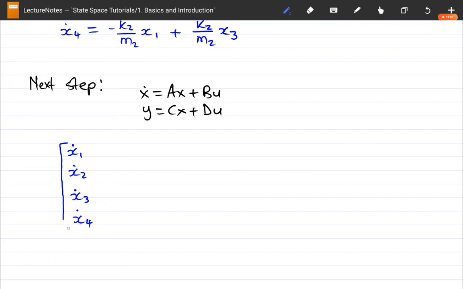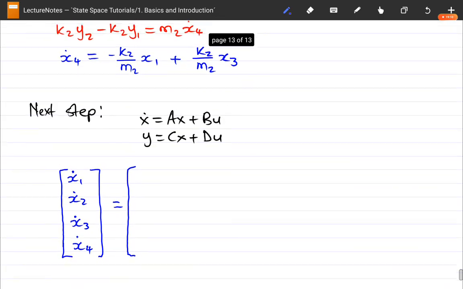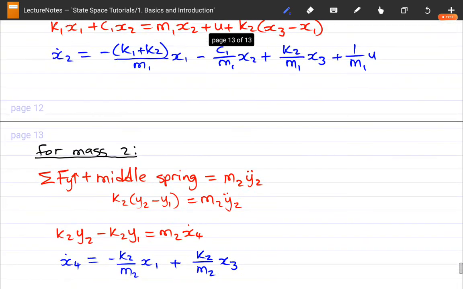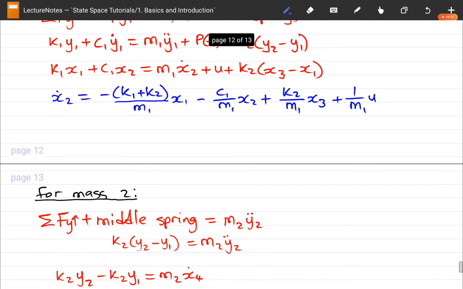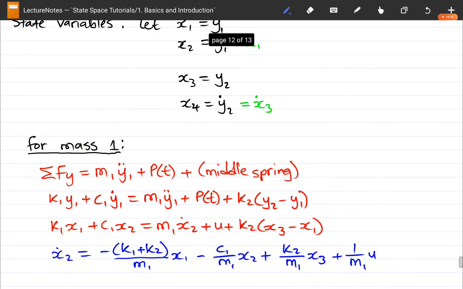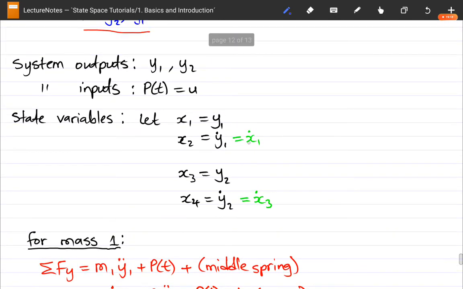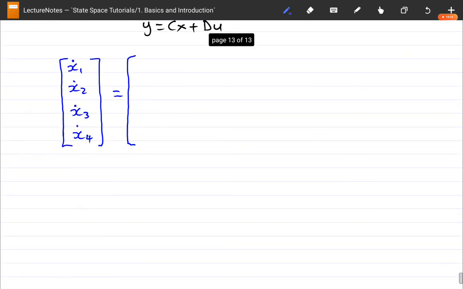Okay, move this a bit down. You'll notice that we actually found x4 dot and x2 dot. So where is x3 dot and x1 dot? We did express them here. That's why I said this will be helpful a bit.